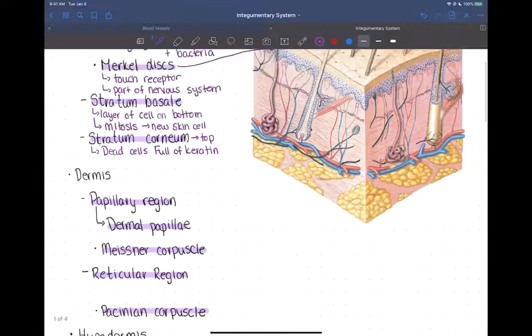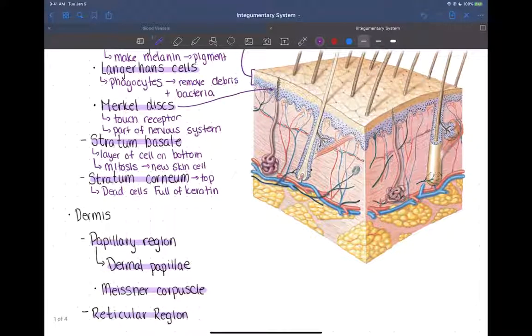Below the epidermis, we have the dermis. If I were to box it in on this drawing, it would be from here all the way down to right about here. All of that is dermis. We can break the dermis down into two separate layers of its own. So let's talk about the dermis.